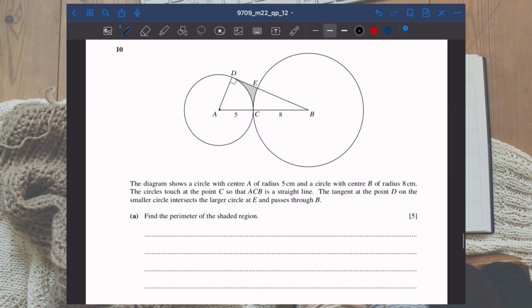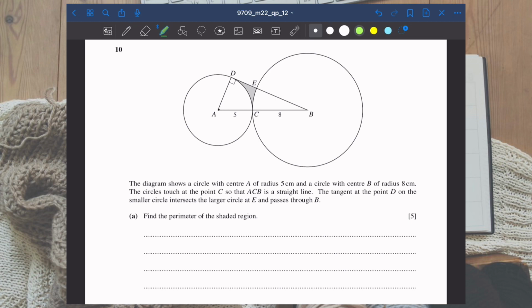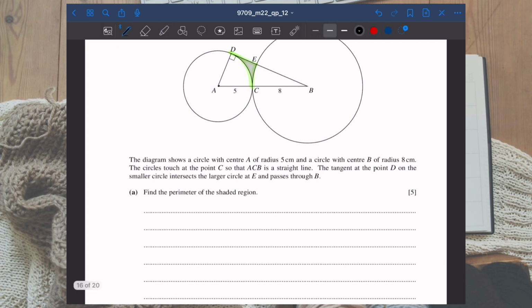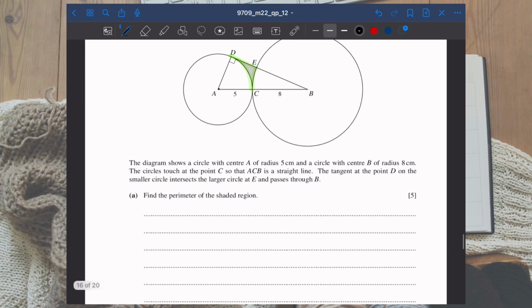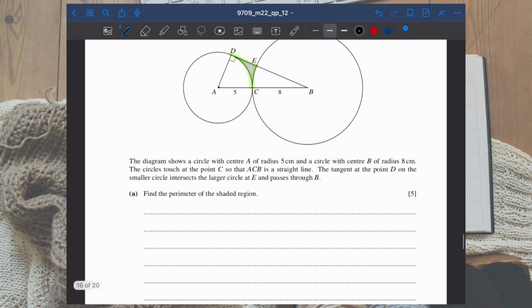So the perimeter or the lengths of the shaded region will be DC, DE, and EC. So DC is an arc of circle A, and EC will be an arc of circle B. So let's try to find the length of DC first.